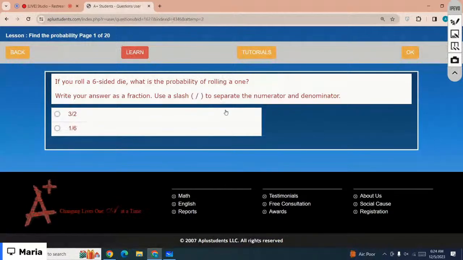Either you have 1, 2, 3, 4, 5, and 6, right? And the probability of getting 1 is 1 out of the total options. The total outcomes are 6. That would be 1 out of 6, right? The correct option is 1 out of 6. Option number 2 is the correct option.